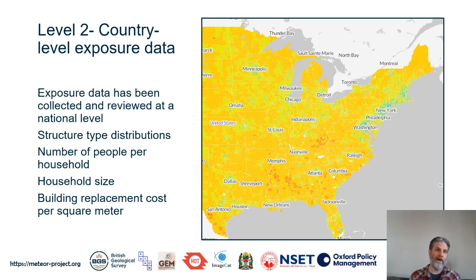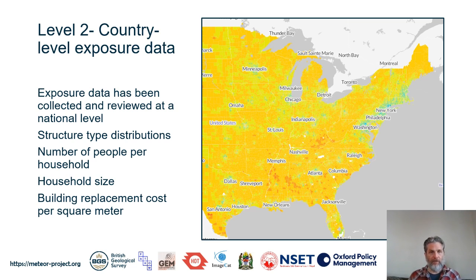But if not, if you say the average house is 1,500 square feet or whatever, that will cause error as you move geographically out through different climate regions and economic conditions and so forth, where that assumption may or may not hold.